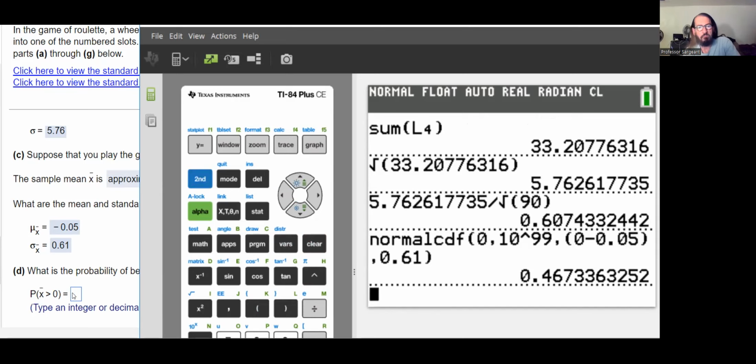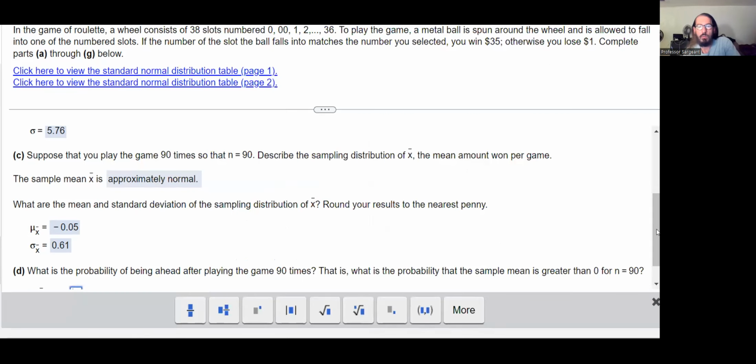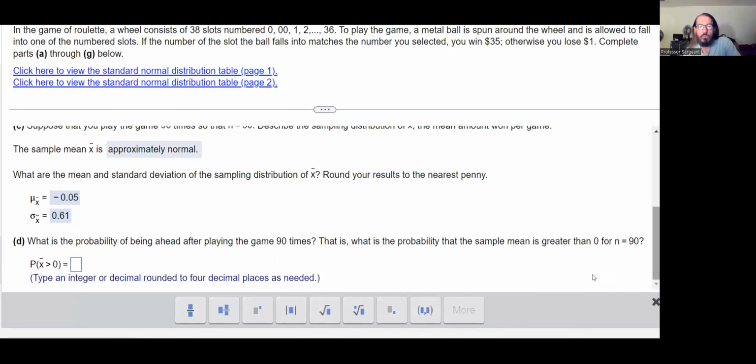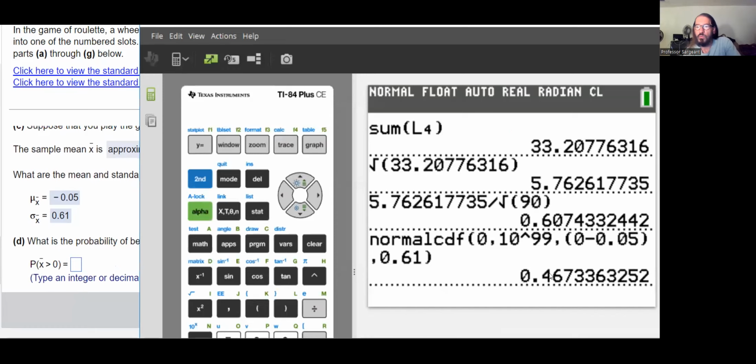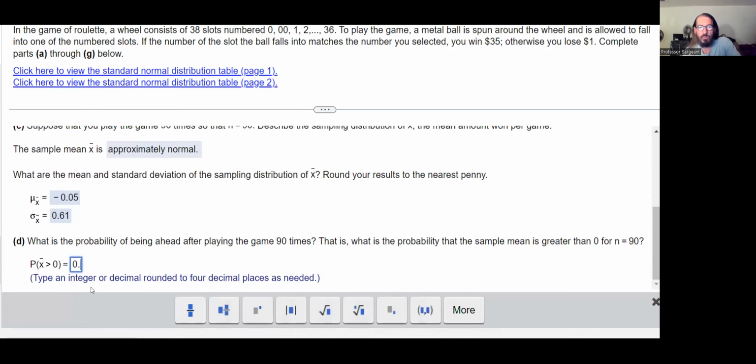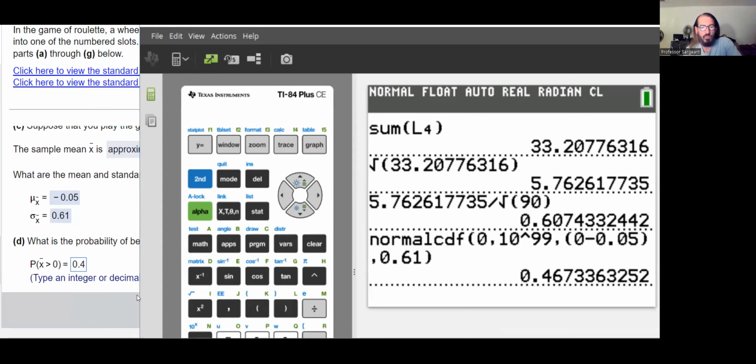It's less than that. Not by much though. Rounded to 4 places. 0.4673. There's one more 3 after the 3 I'm talking about, and that would round it down. So again, 0.4673.